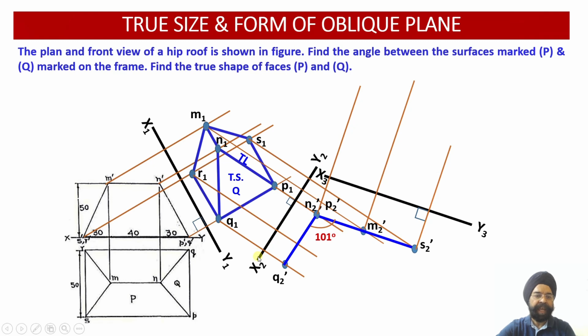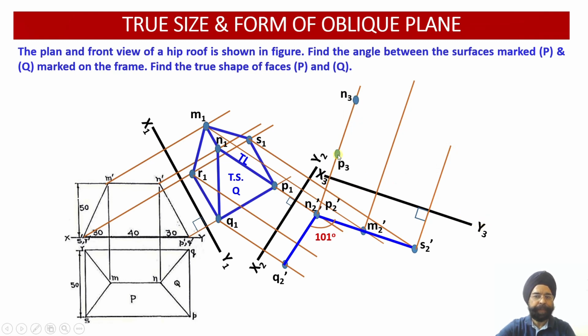Which points? M, N, P and S. Please see, M this distance, N this distance, P this distance, S this distance. These 4 distances I will measure and mark onto the corresponding locus projector lines ahead of this particular plane, x3, y3. So let us do this.